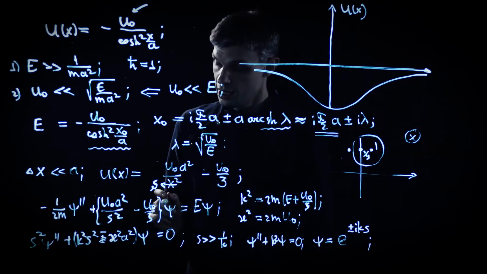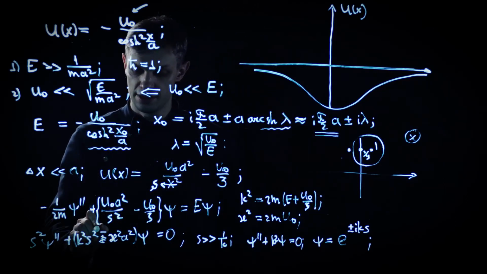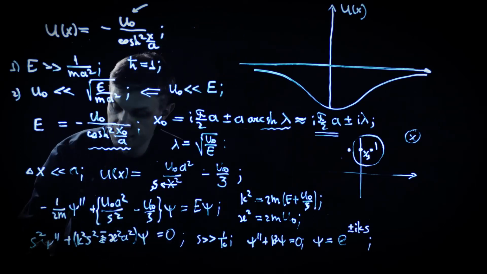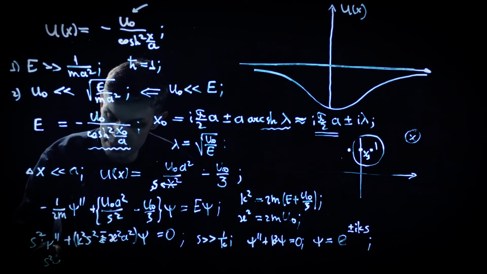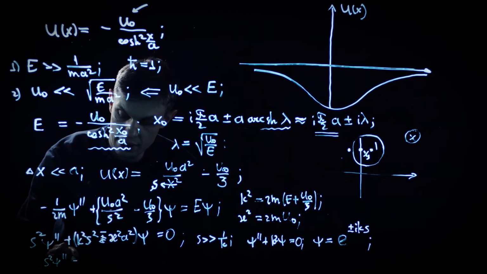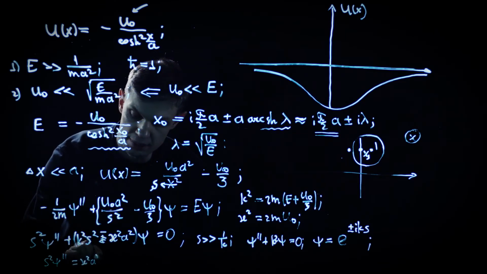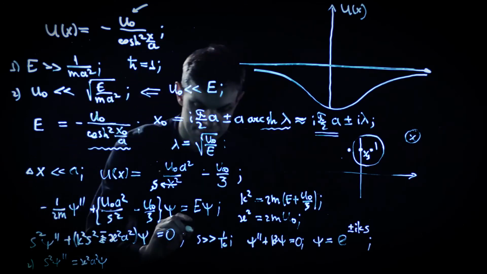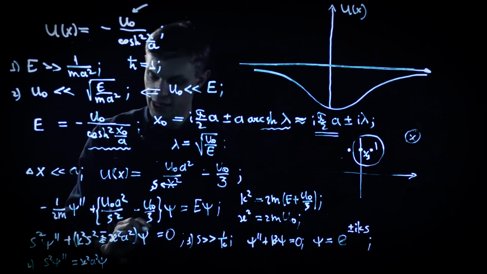For small s, we discard the first term in these braces, and what we get is simply s squared psi prime prime equals kappa squared a squared psi. So these are small s.